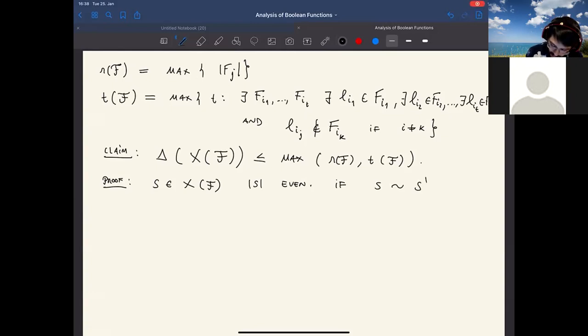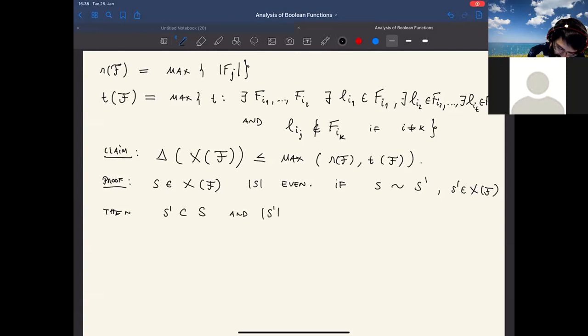Well, S prime, then S prime has to belong to, let me even write here because it's a neighbor. Then you must have that S prime is contained in S.